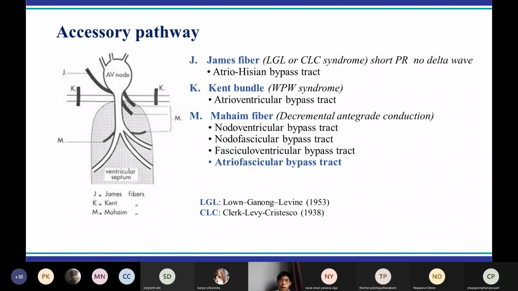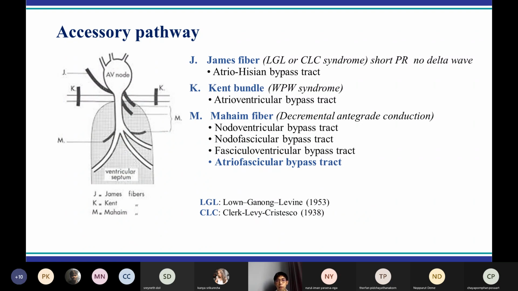So there are many types of fibers which were named after the doctor who discovered them. These fibers are a subset of the types of accessory pathway from the last slide, like James fiber.